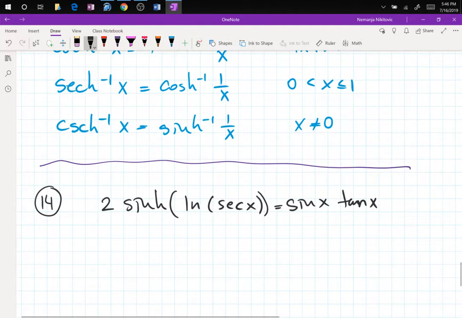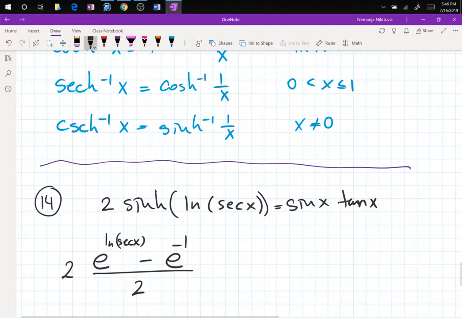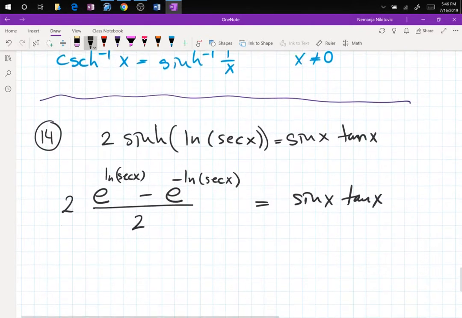So this is 2 times, and then it's divided by 2 because sine hyperbolic is e to the exponent. Now the exponent is ln secant x. It's sine, so it's a minus. 2 times e to the ln secant x minus e to the minus ln secant x over 2 equals sine x tangent x.